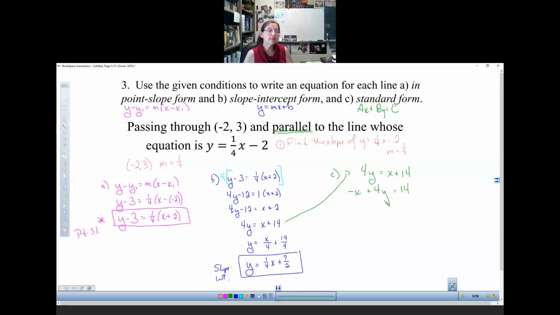Now, here's kind of a disclaimer, and I'm just going to apologize straight up. In the real world, we don't care whether that x is positive or negative. So you will have some answers that are standard form that are going to have that first term as negative.